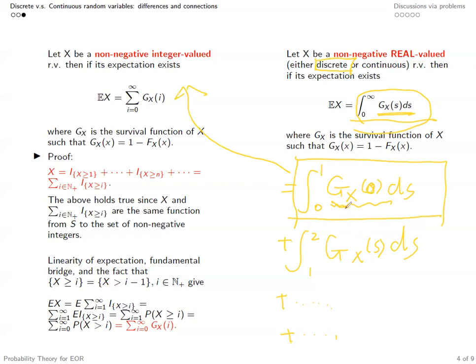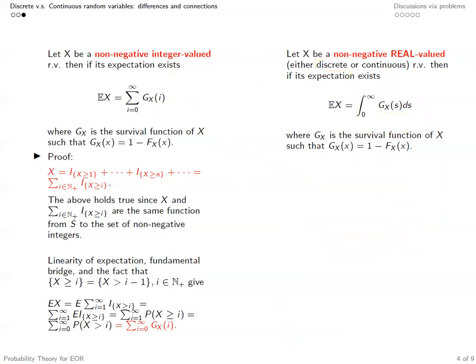So the first term is the integral of this constant over 0 to 1 of unit length, which will be equal to G_X(0). And the same for the second term, which will be G_X(1). And we keep going. So essentially, we deliver the same results as shown on the left panel of this slide. So indeed, this is a more general formula than the formula shown on the left-hand side of this slide.